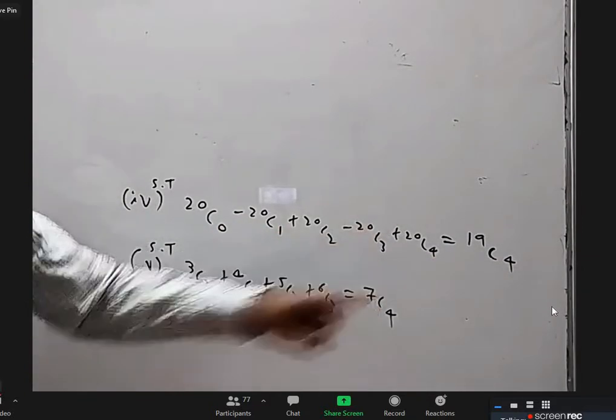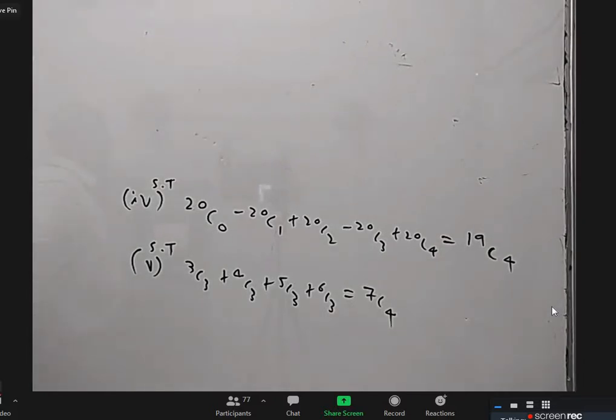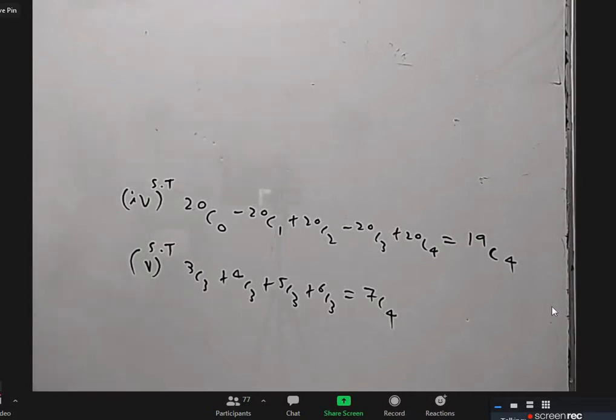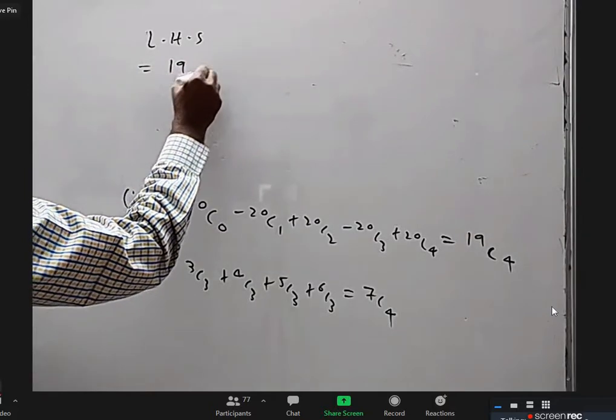You have to write each one in terms of 19. Yes, sir, we will get 1964.